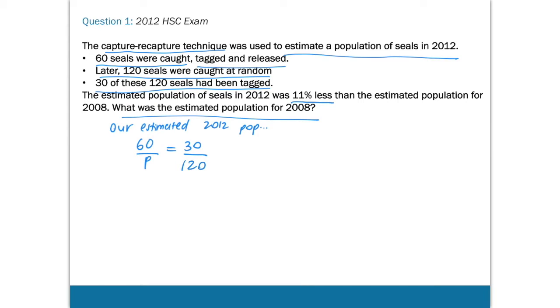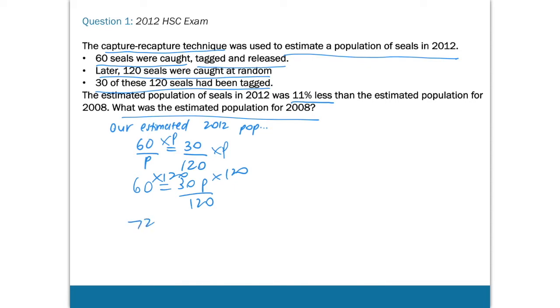So all we can do now is just move P to that side. So we get 60 equals 30P over 120. Times both sides by 120.